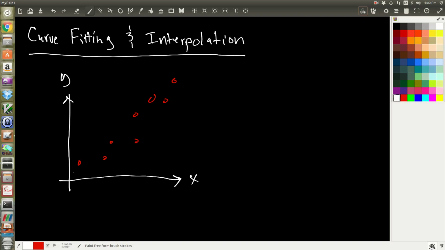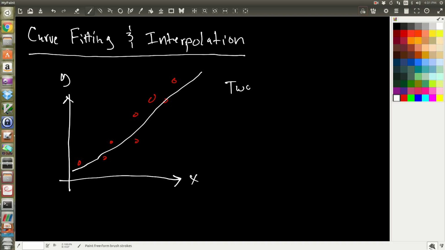So least squares regression means we want to capture the trend of the data in some curve. So we want to find the equation for a line that might look something like this, that fits the general trend of the data.